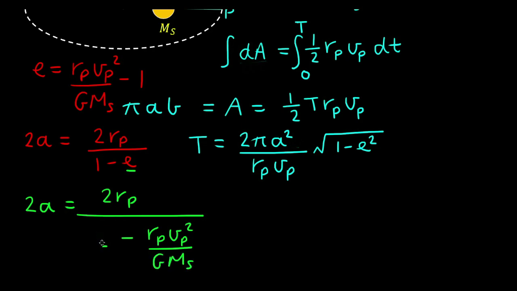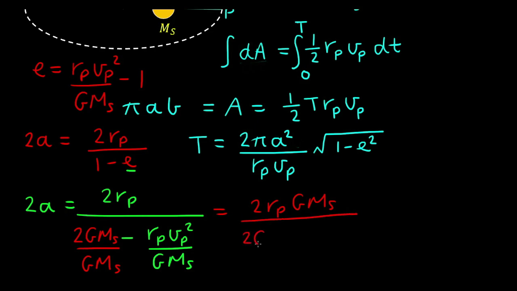So we can write this as 2 by G by Ms on G by Ms. And therefore this equation simplifies to 2rp by GMs over 2GMs minus rp by vp squared.